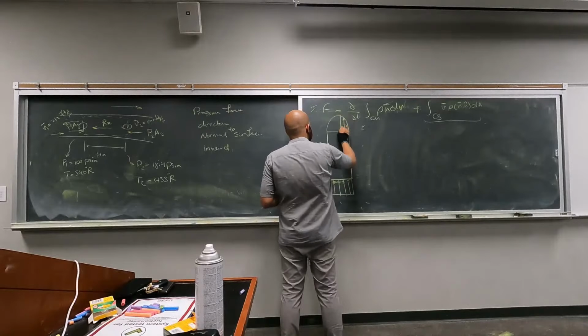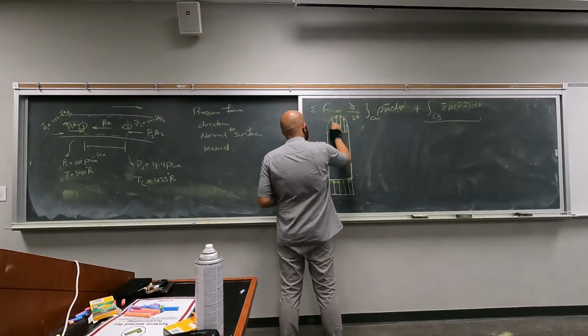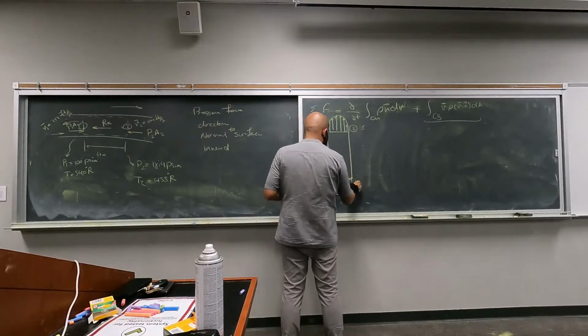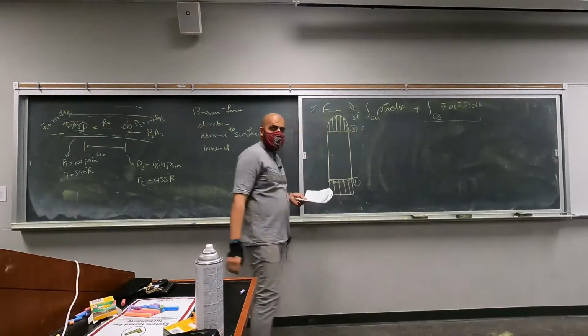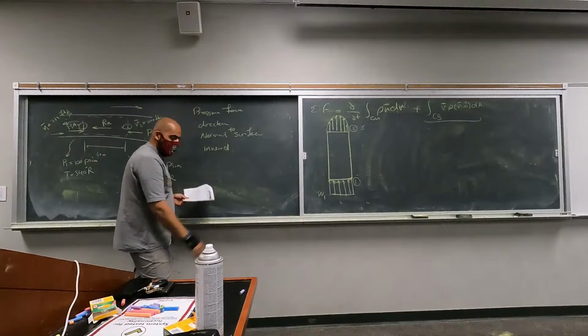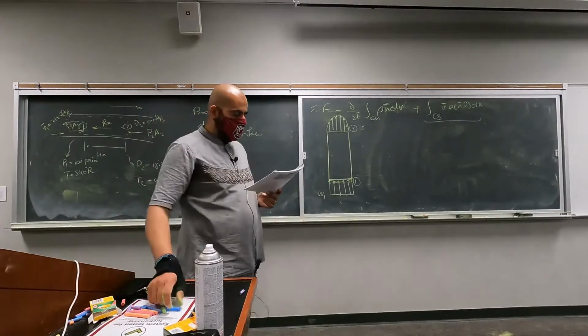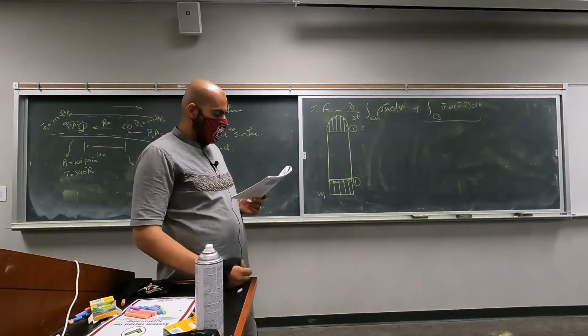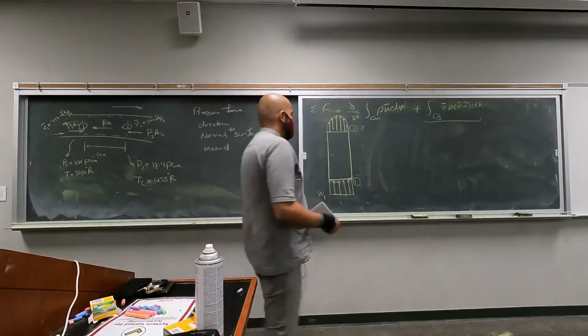So the velocity distribution at cross-section 2 is non-uniform. Okay? I'm going to find an expression for the fluid pressure drop. It is a steady condition.